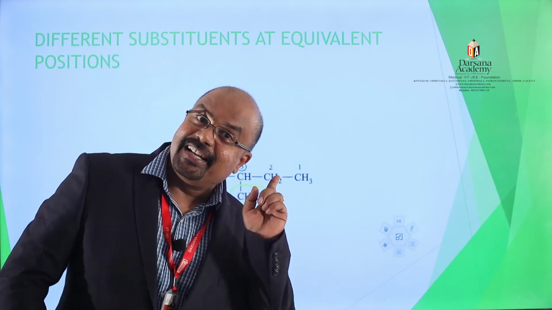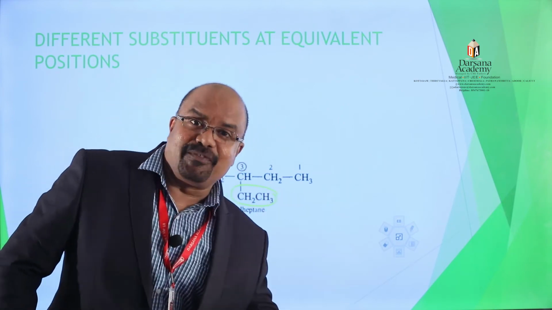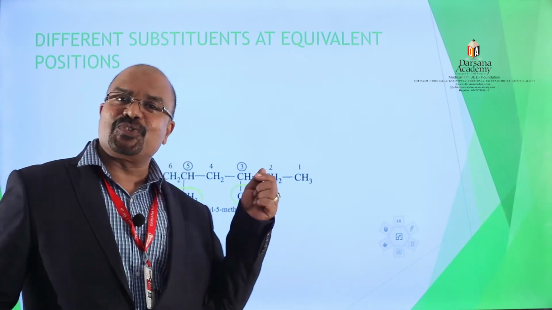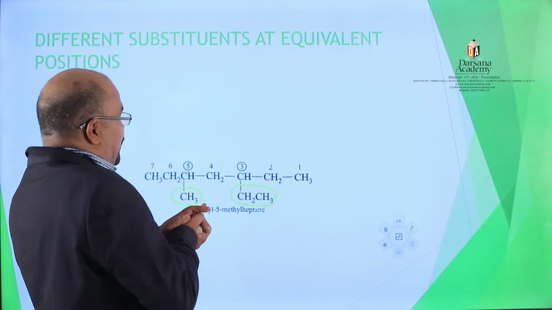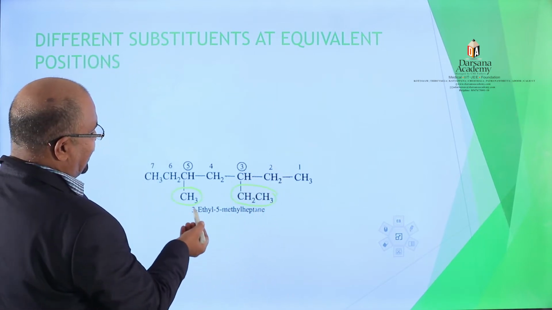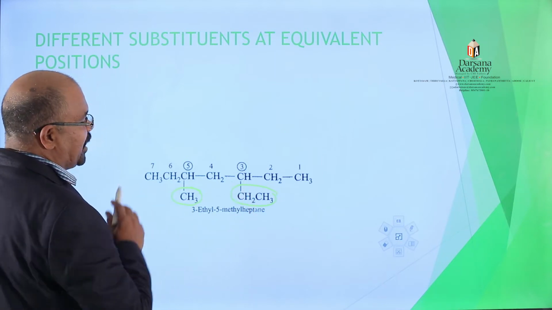The first time we did, the naming is based on alphabetical order. But here it says numbering also follows alphabetical order of preference, so the compound is 3-ethyl, then 5-methyl heptane, 3-ethyl, then 5-methyl heptane.